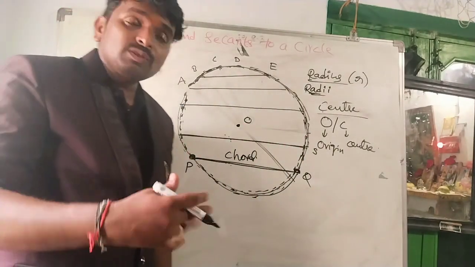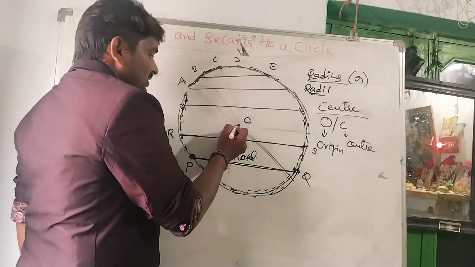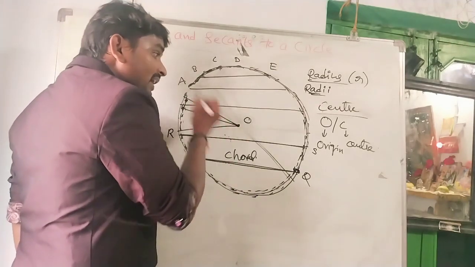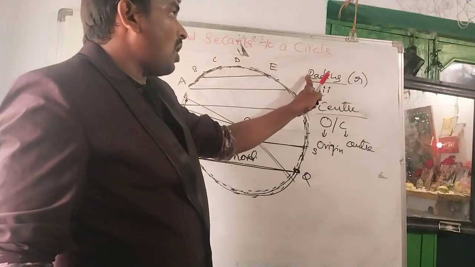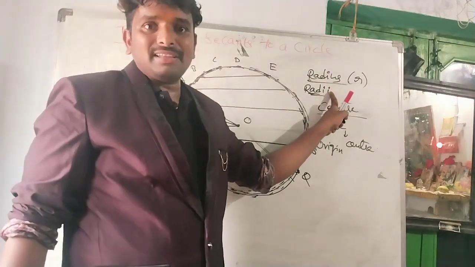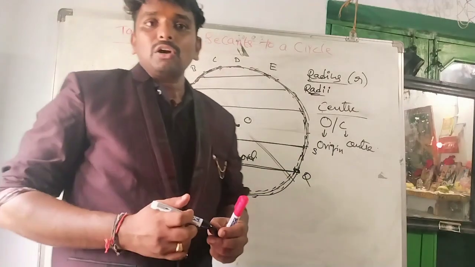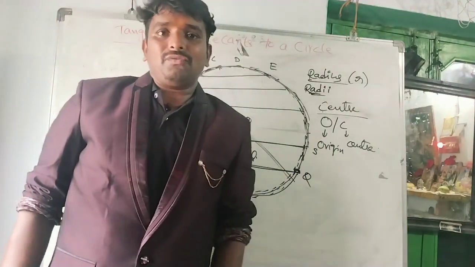Radii have the same length. This is the first radius, this is the second, this is the third. All radii will be equal, but chords will not be equal. Remember this point.